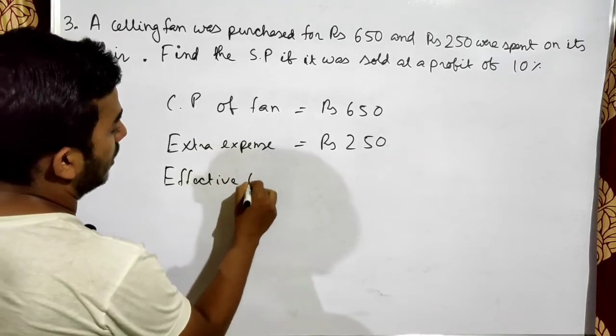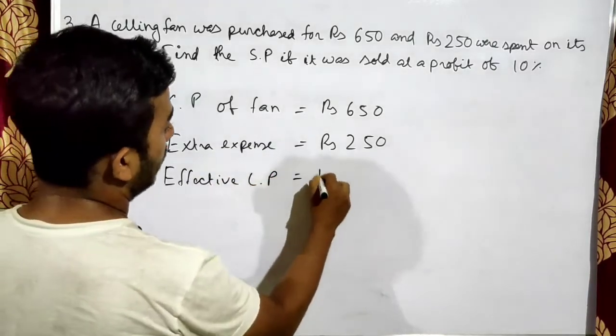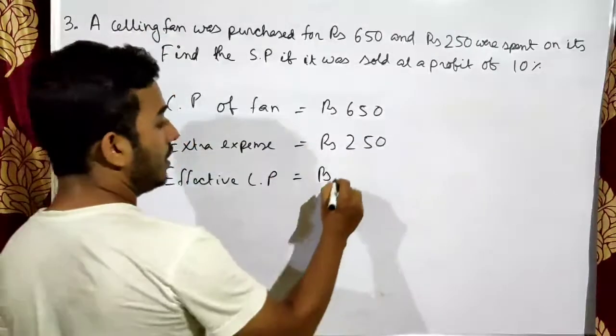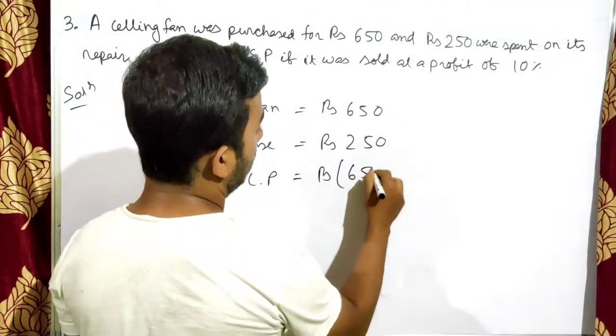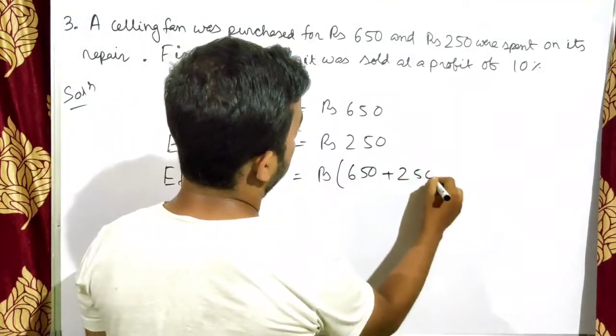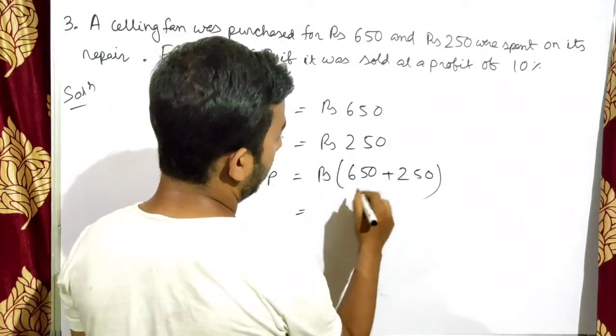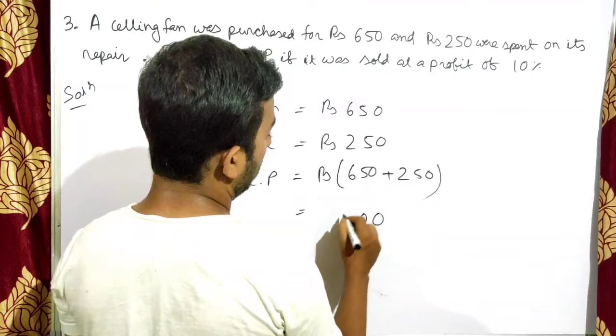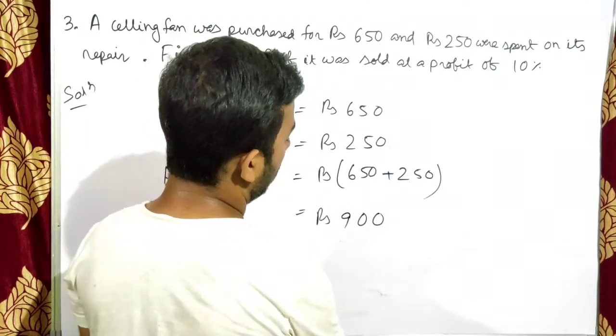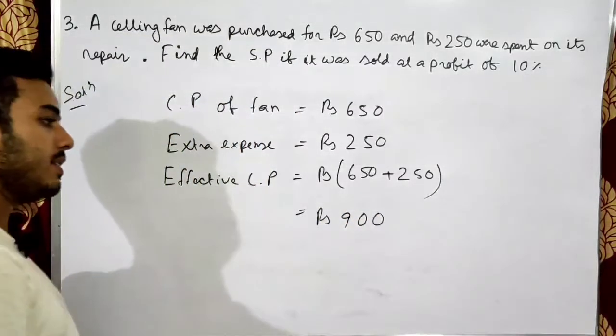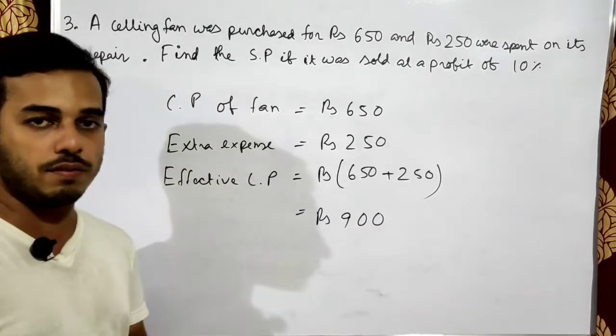Effective CP will be how much? 6650 plus 250. So it will be how much? 0, then 5 plus 5 10, then 1 6 7 8 9. So it is rupees how much? Rupees 900. That is the effective cost price of the fan.